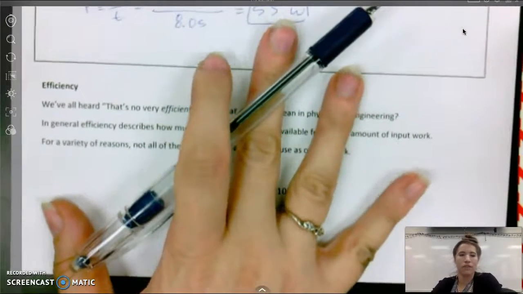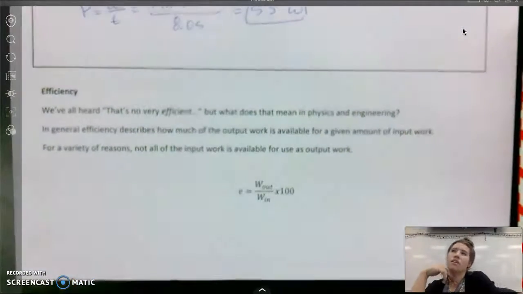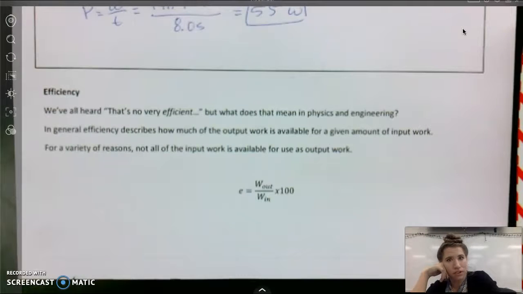Last thought, efficiency. So, you may have heard saying, oh, no, this isn't very efficient. And when it comes to energy and work, we lose some of that to heat and other things. And so the work that we put in is not always the work that we get out.